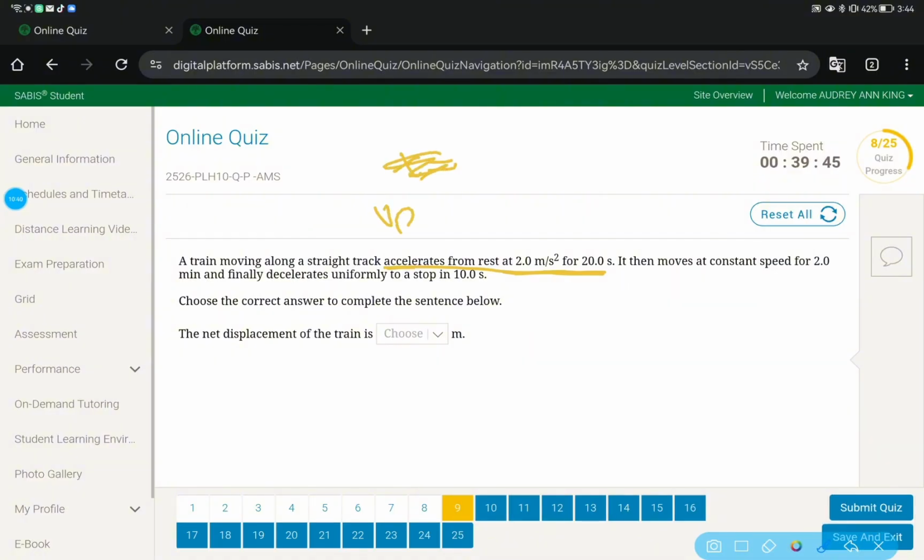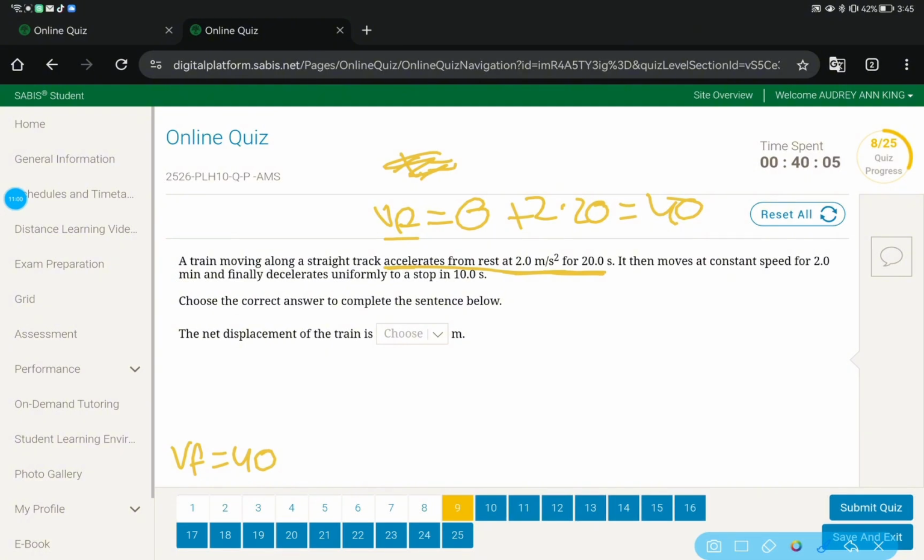So I'm going to call that velocity final equals the initial velocity 0 plus 2 times 20. So we get 40, which is our velocity final.